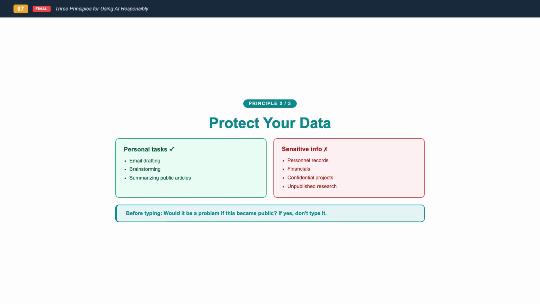The privacy risk is low. But sensitive information is different. Personnel records, financial data, confidential project details, unpublished research, these should never go into an external AI service. Once it leaves your machine, you no longer control it. The rule: ask yourself before typing anything, would it be a problem if this information became public? If yes, don't type it.